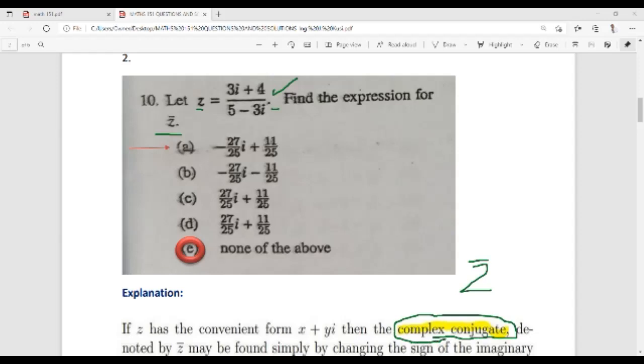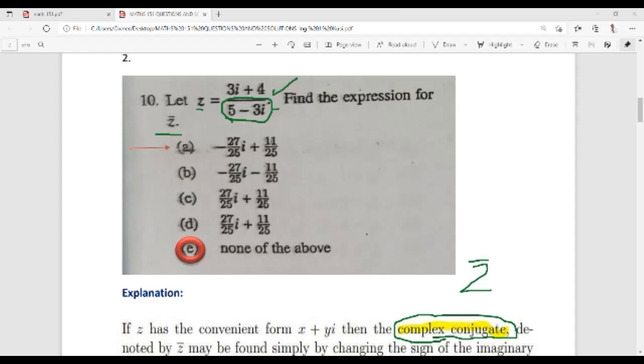But before you can find the complex conjugate of this, in real numbers you are not allowed to have a complex number as the denominator. Anytime you have this, it's not in the proper form, so you have to rationalize it first. Are you okay? Yeah.